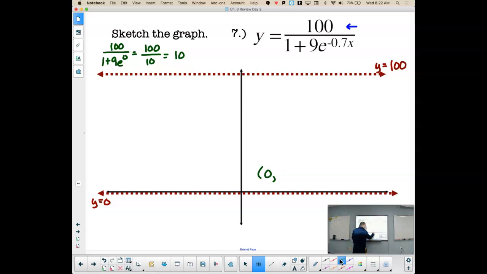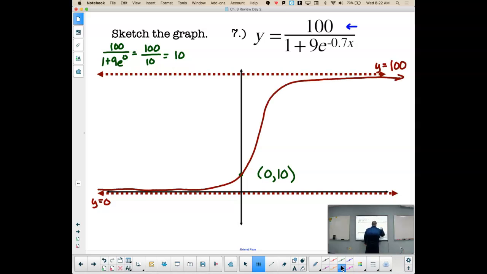So we go through the point 0, comma, 10. So we start out along here, grow exponentially, and level off. There is the sketch of our logistic graph.